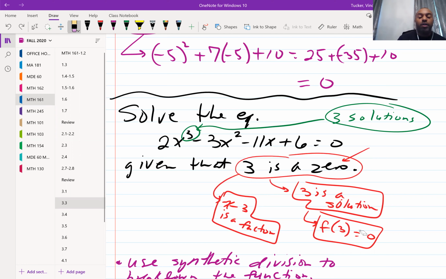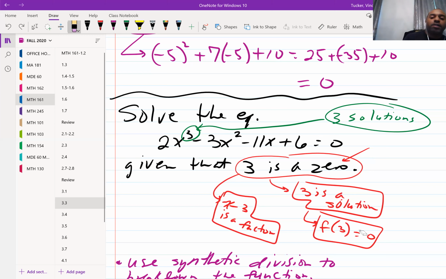So over here in the green, it was just a few things I wanted to point out before we actually get started, things we should look for when we see an equation. Here we see that there are going to be 3 zeros in total because the highest exponent is 3. And then given that 3 is a 0, that means 3 is a solution.